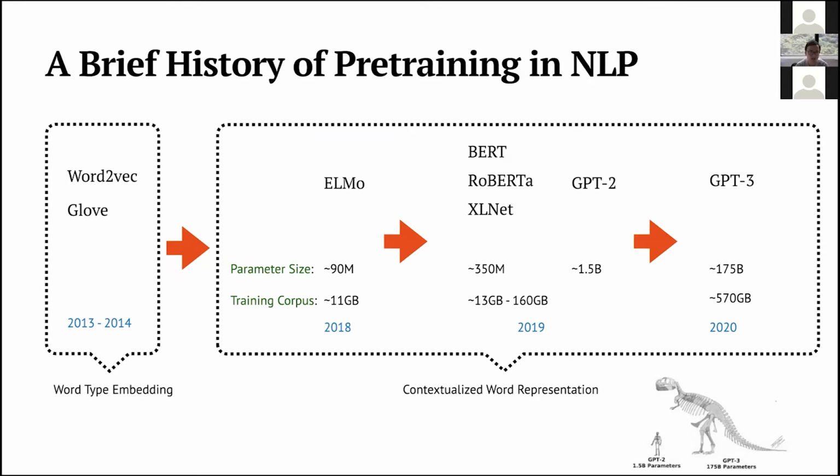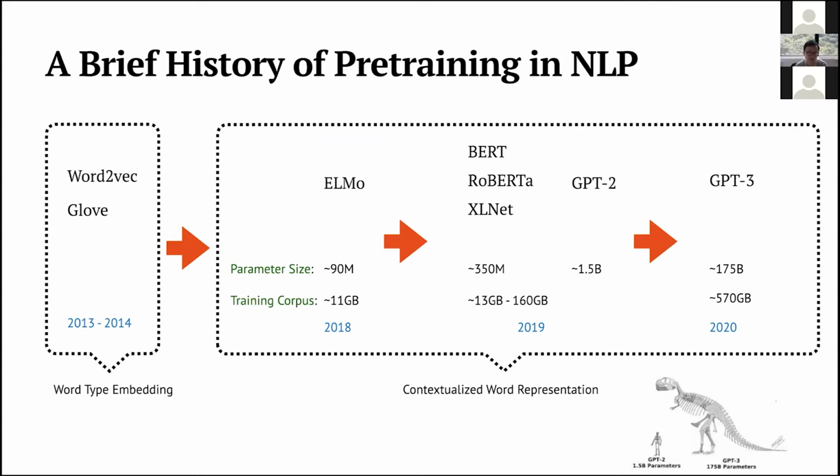From 2013 to 2014 in natural language processing, we had word vectors, like word2vec and GloVe, these kinds of word-type embeddings. Then we moved towards large-scale pre-training algorithms, which we call contextualized word representations. Starting from ELMo to BERT to GPT-2 to GPT-3, this has basically been done within the past 3 years.